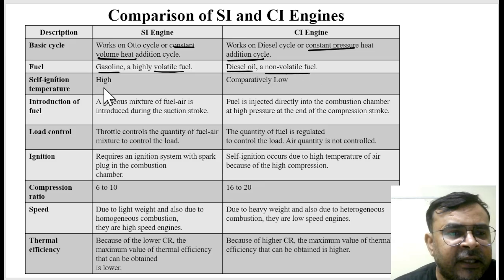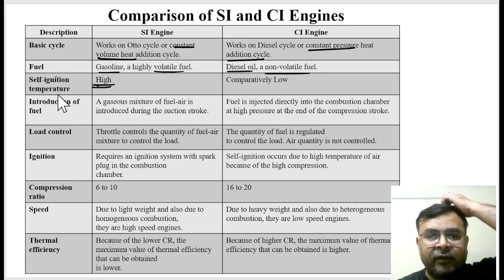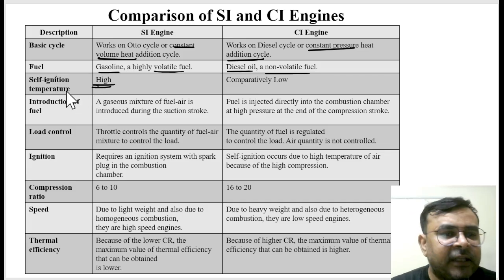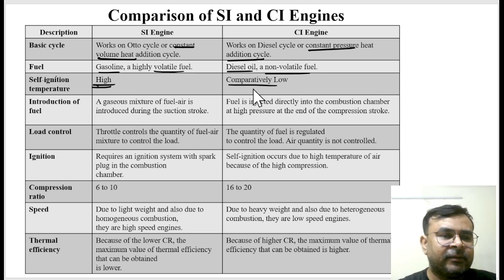Self ignition temperature, this is the appropriate word which I forgot. The self ignition temperature of petrol is high, and here the self ignition temperature of diesel is comparatively low. That's why for burning of petrol we need a spark, and for burning of diesel a spark is not required. Only compression is enough.